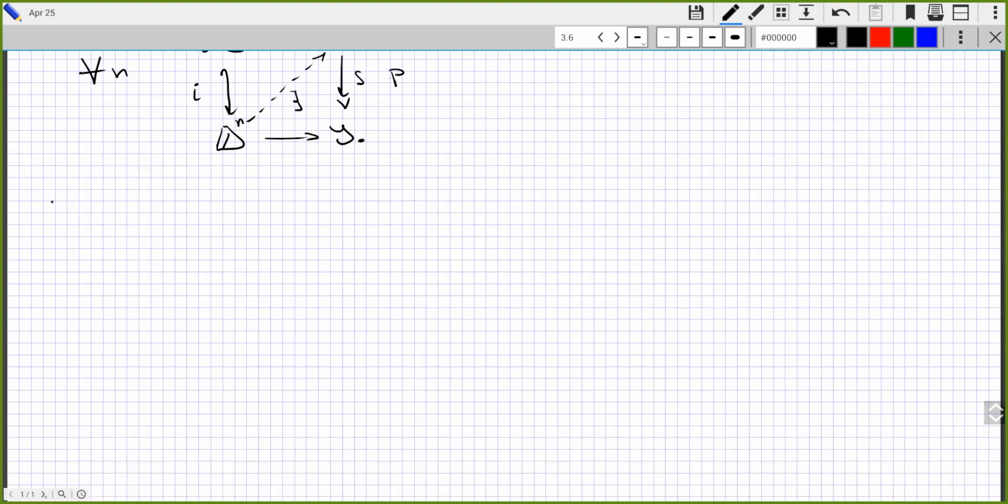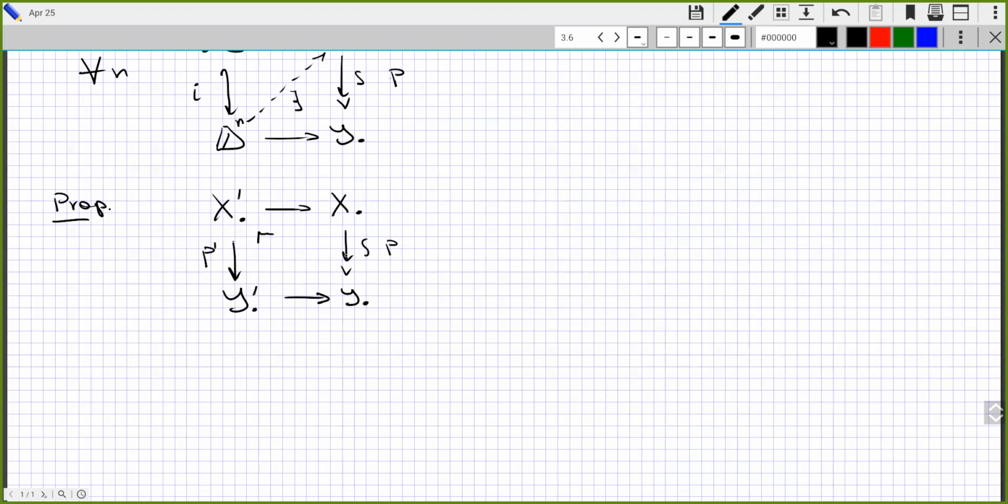So the proposition is that when you got a pullback square, if this morphism was a trivial configuration, well, it's a pullback, then the arrow on the left is also a trivial configuration.